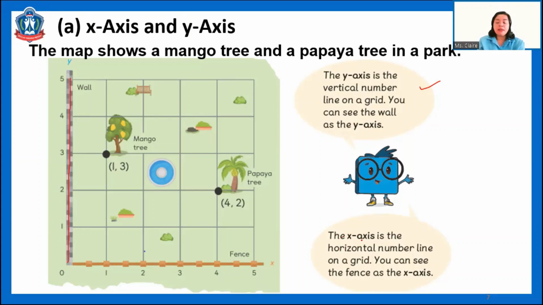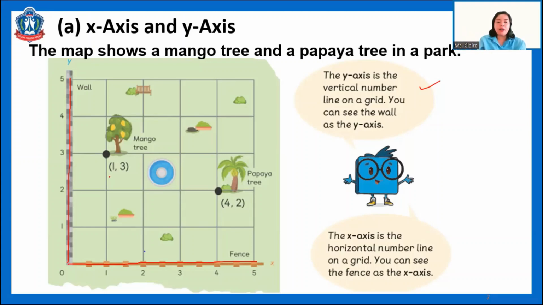The x-axis is the horizontal number line on the grid. So the fence here is our x-axis, the horizontal number line. So if this is the y-axis, the standing line, the x-axis is the horizontal line. Take a look at that.